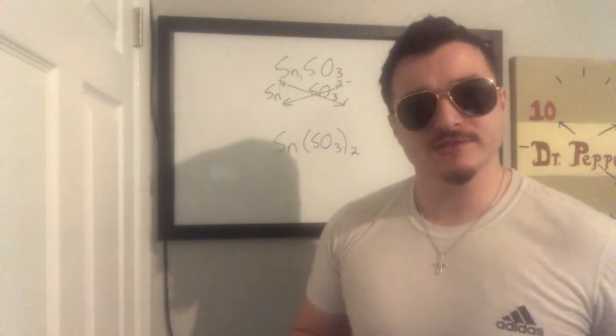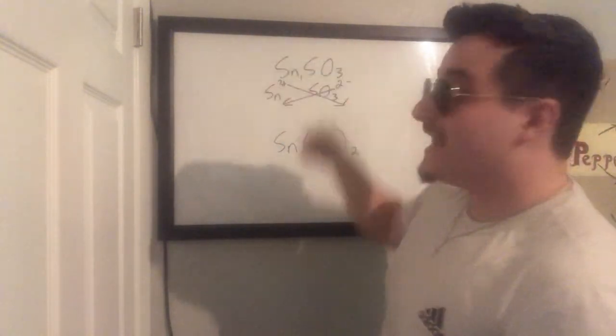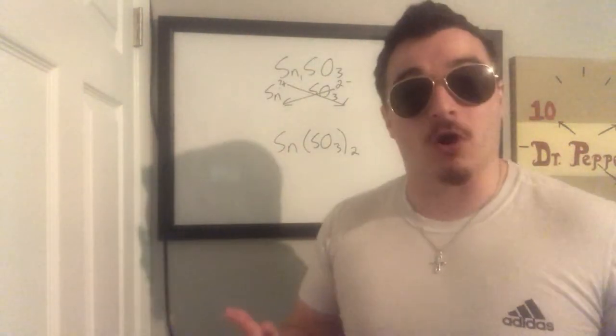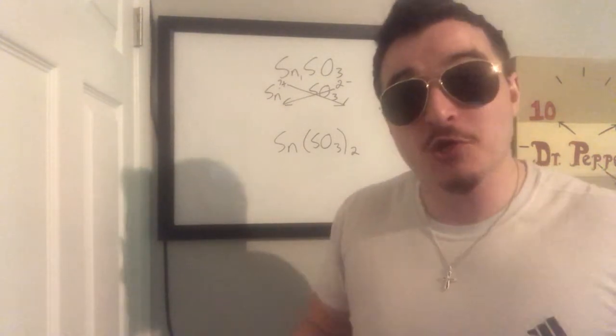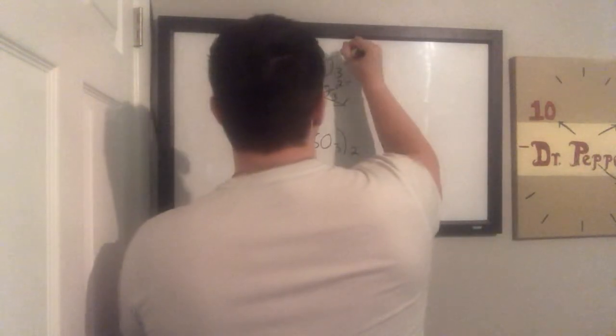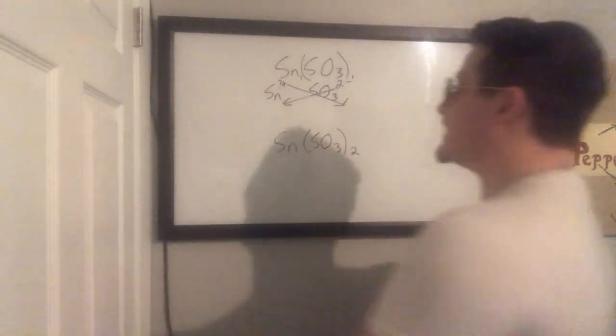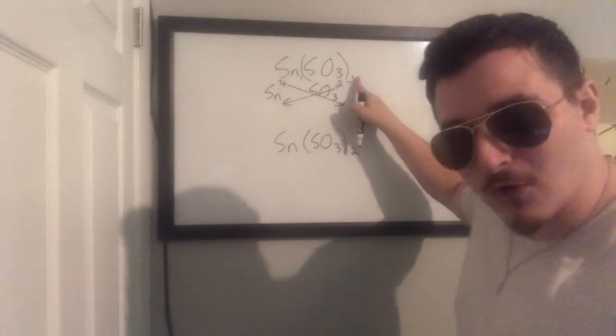Oh my goodness. So what you should be thinking in your head now is, oh my goodness, tin either has the same charge or a multiple of that charge that was able to reduce with the number 2. So now what I got to do is, what is the subscript next to sulfite in the formula? Well, there's nothing there, which means it's a 1.